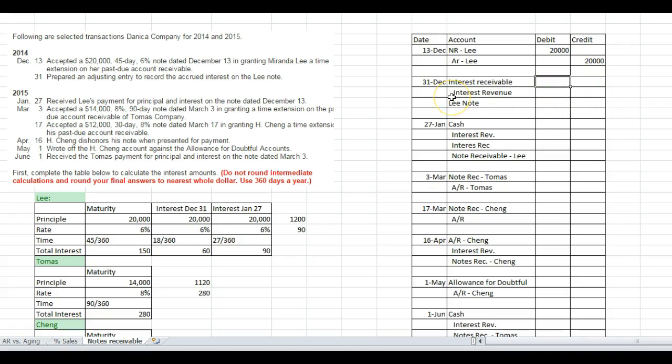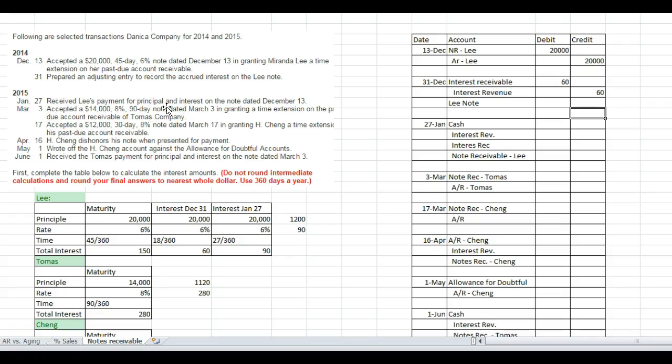Now we came up to the end of December, and that's December 31st. They owe us $60 in interest, and we have to do adjustments. So first of all, that's $60 in revenue, and that becomes a receivable because they haven't given us the money yet. So on January 27th, what happens there?